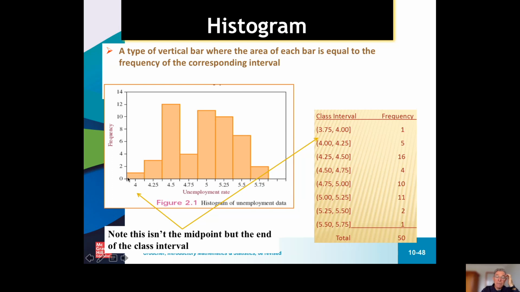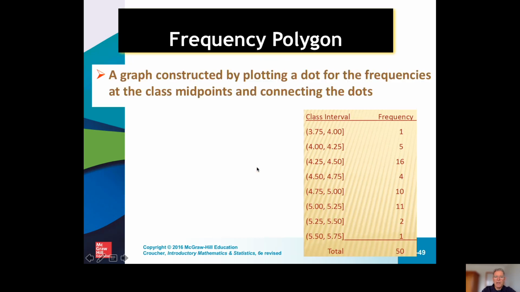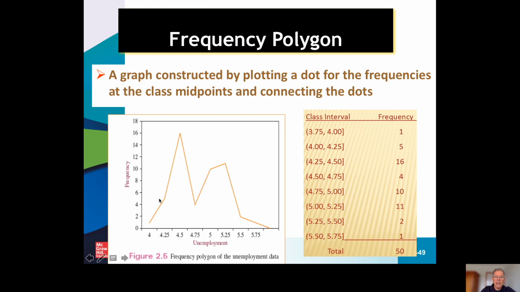So I'm going to draw a polygon on top of this. It's going to go, oops, I've lost my mouse. Here we go. Up to the middle, down, up, etc. And so we end up with a frequency polygon that looks like that, just joining up the midpoints of the various bars.